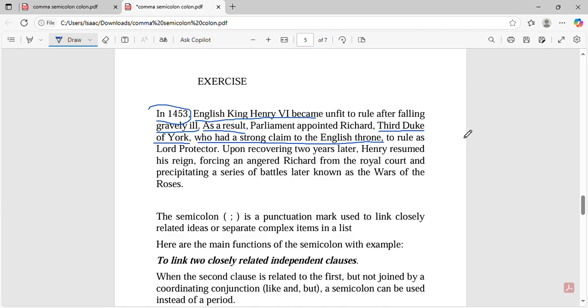So, as a result, that is an introductory phrase. Parliament appointed Richard, that is the main clause. 3rd Duke of York, that is an appositive, just renaming Richard. Who is Richard? 3rd Duke of York. And then there is a relative clause qualifying the 3rd Duke of York. This 3rd Duke of York had a strong claim to the English throne.